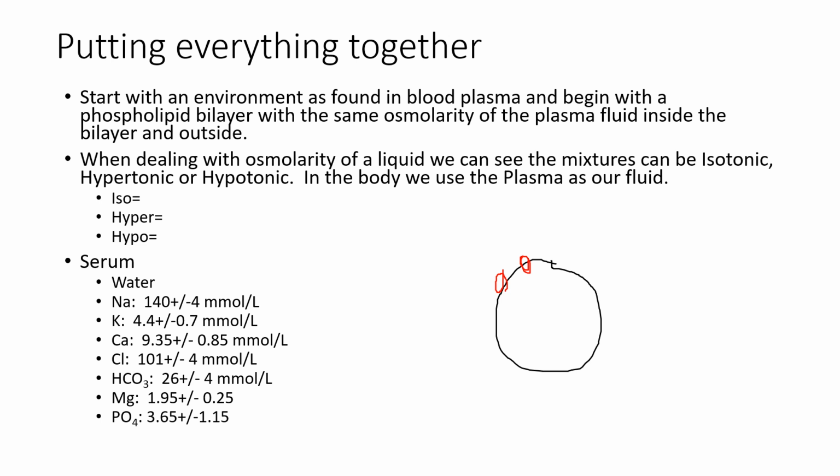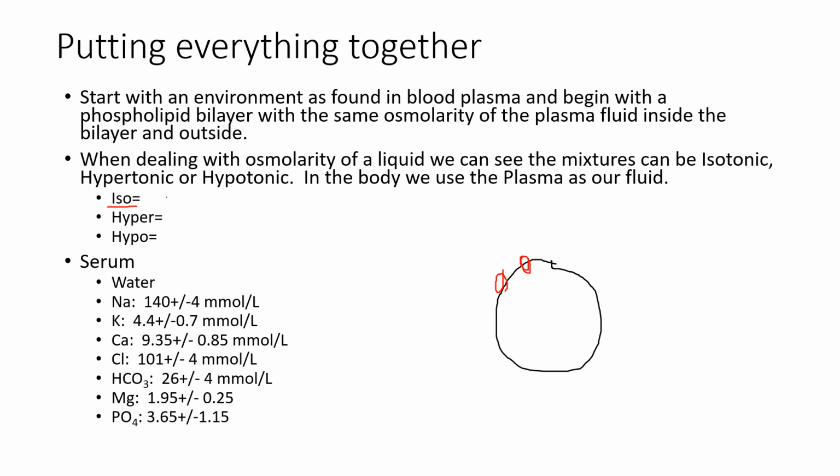Now, if the serum here and the cell here have the same concentration, we can talk about their tonicity. If they're the same, it would be isotonic.